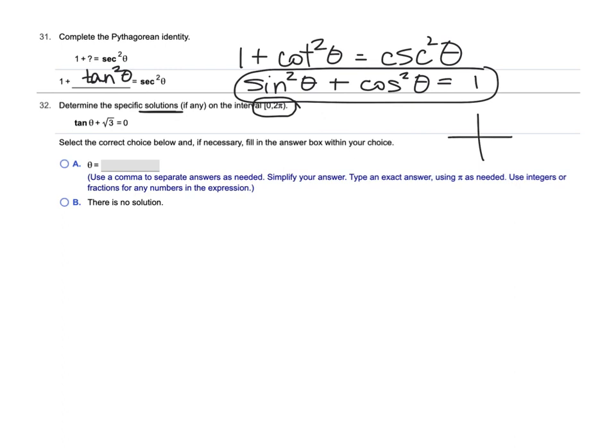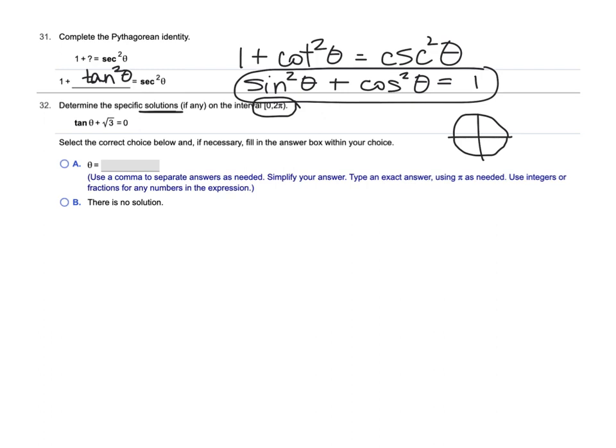Remember, 0 to 2 pi is basically the whole unit circle, so they're going to ask us to find certain angles that solve these equations. A lot of times you can get multiple angles as your answer, and they come from different quadrants in the unit circle. We just have to take that into account.